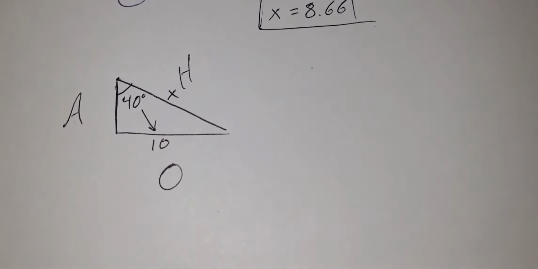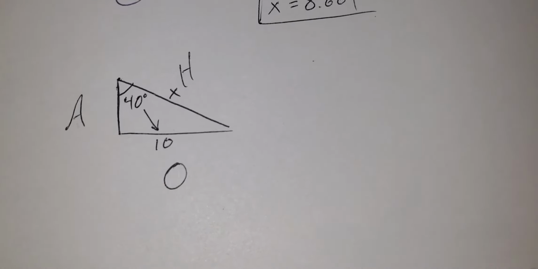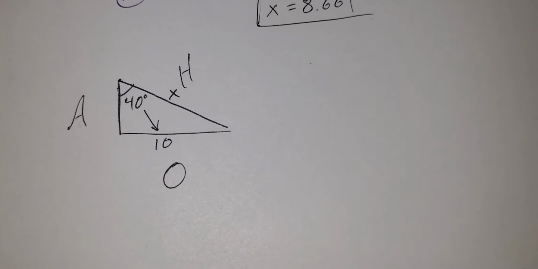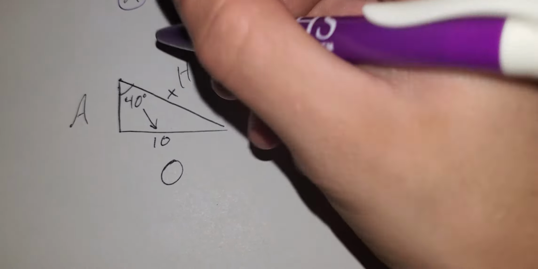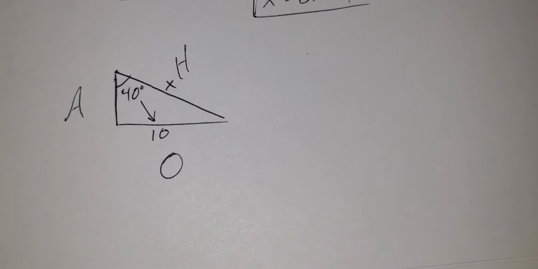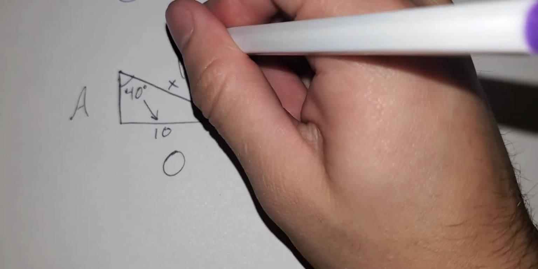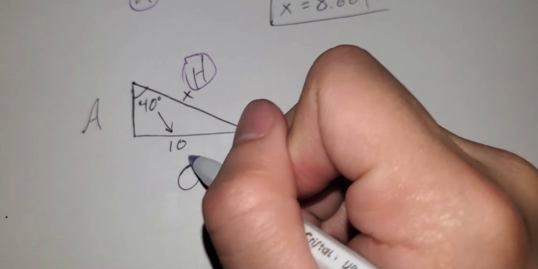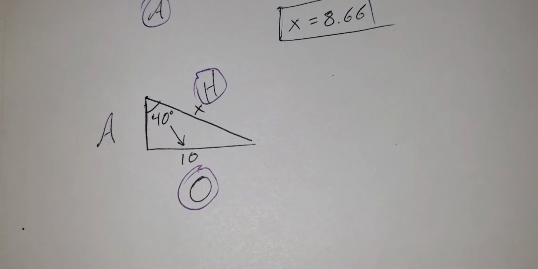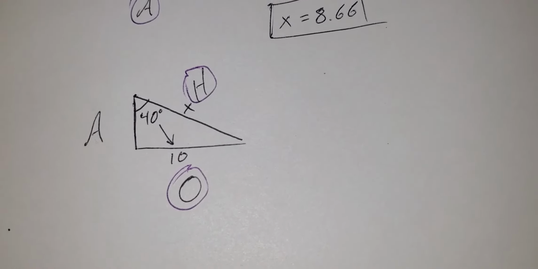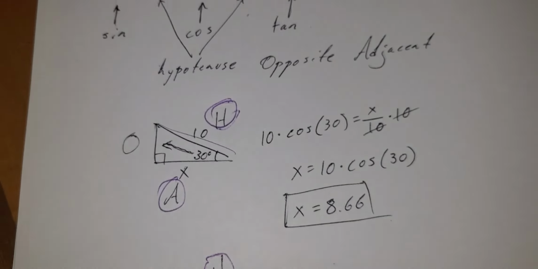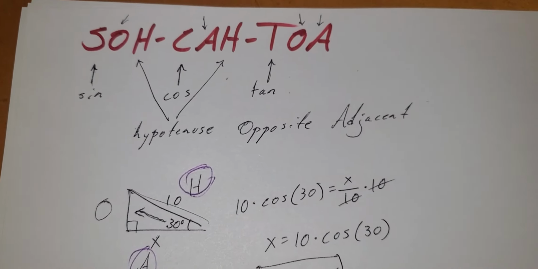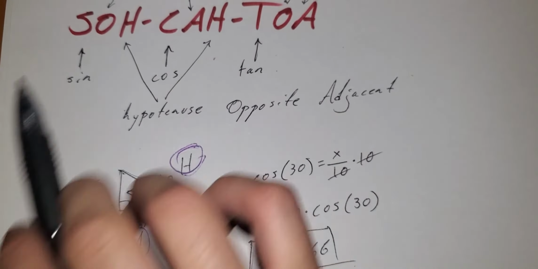Let's look at the letters that I'm using. Notice that the variable is my hypotenuse, and my number 10 is my opposite. So I'm using O and H. Go look for your SOH-CAH-TOA, which one uses O and H. That would be sine.